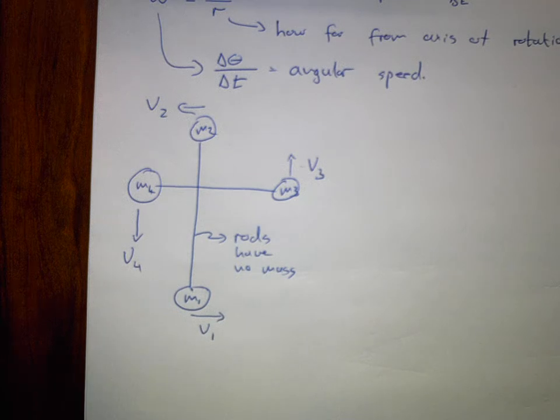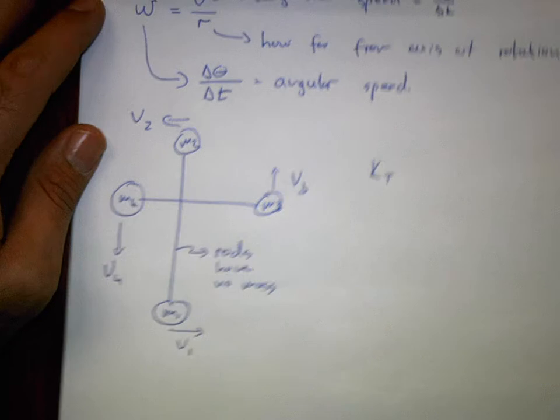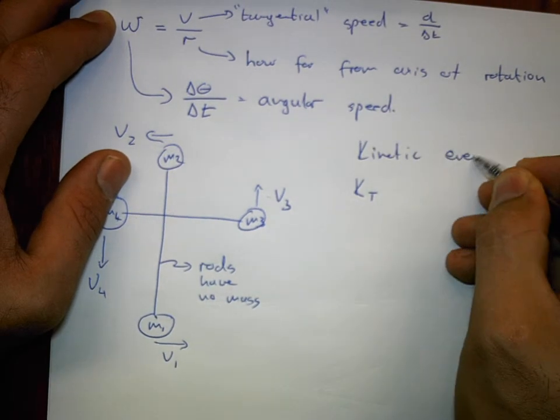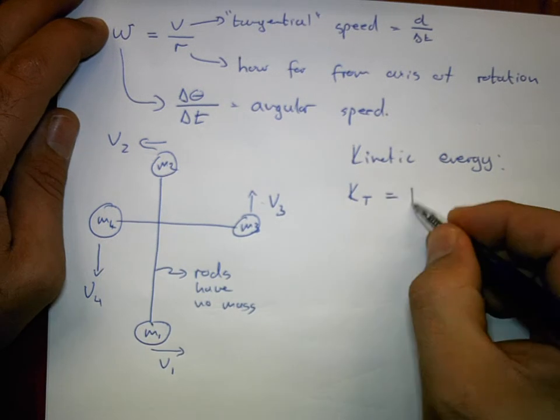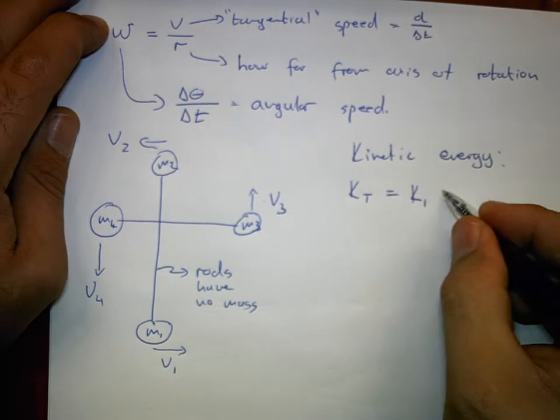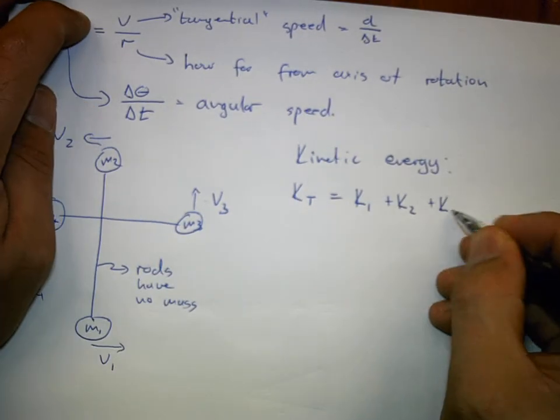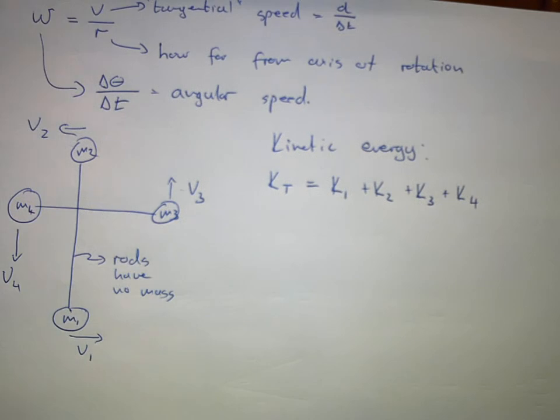So we can say the total kinetic energy of this rod, of this cross, is equal to the kinetic energy associated with mass 1 plus the kinetic energy associated with mass 2 plus the kinetic energy associated with mass 3 plus the kinetic energy associated with mass 4.